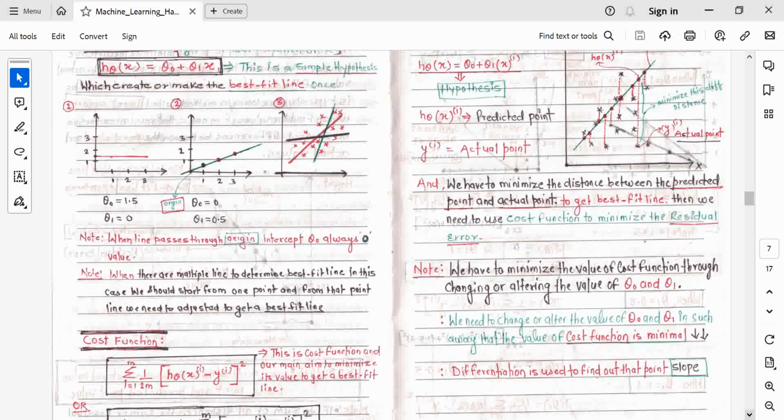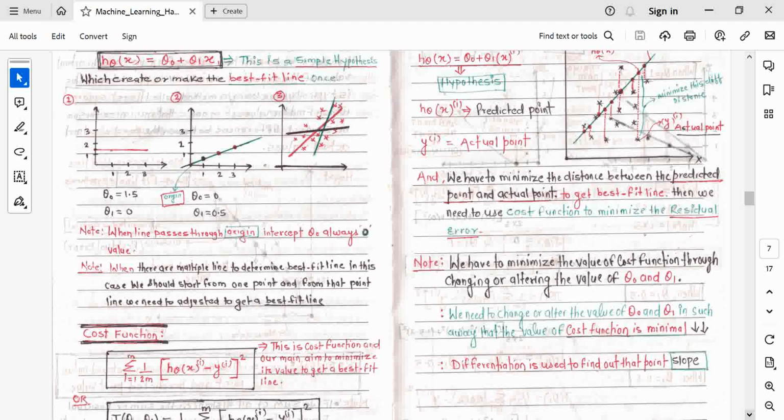Try to understand, guys, this is the machine learning algorithm. We have to make some notes and study some materials and articles related to it, and we have to practice this, and then we will be able to find the best fit line between the actual values and predicted values.